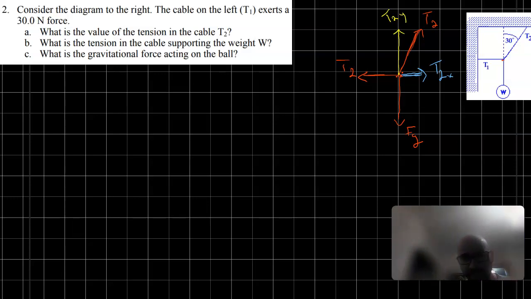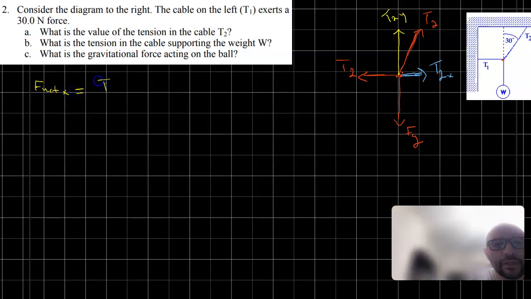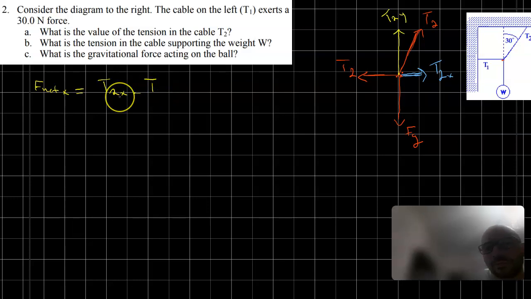In this case, in the x direction, if you want to write the Fnet x, that is going to be T2x minus T1, and in the y direction, Fg is going to be equal to T2y.